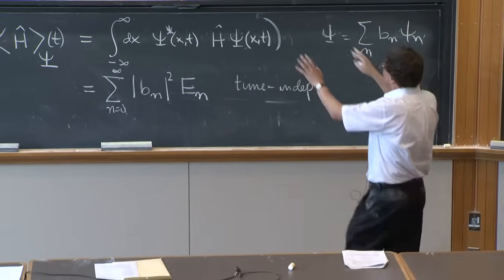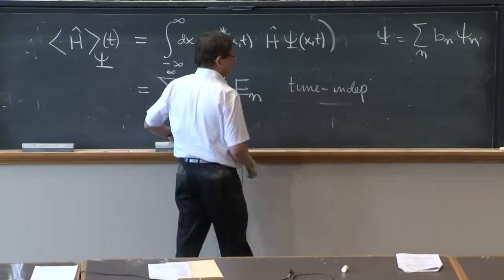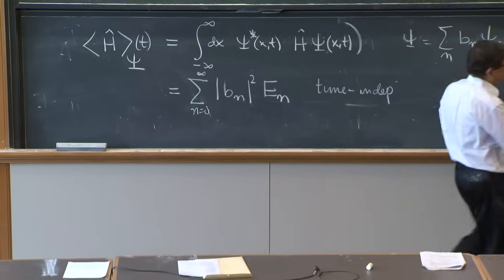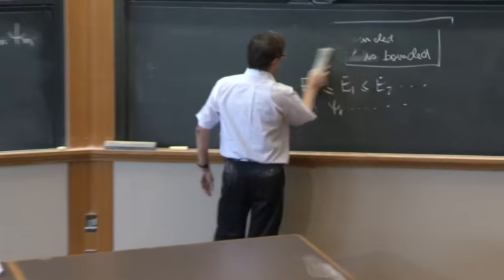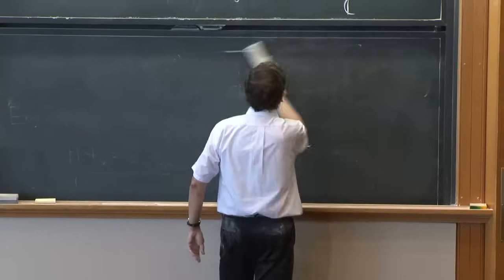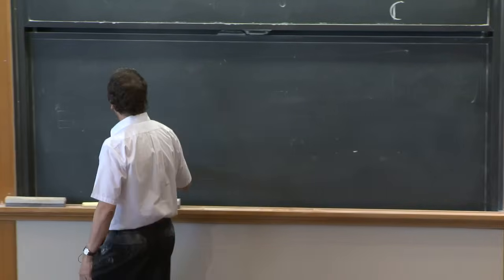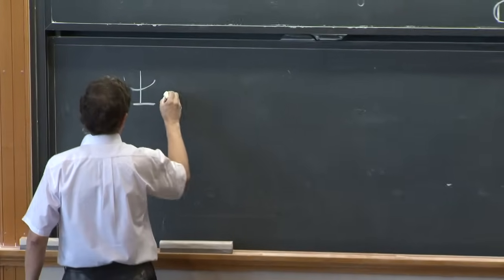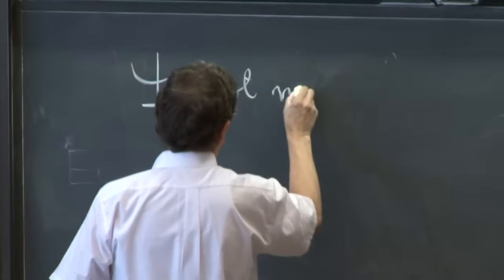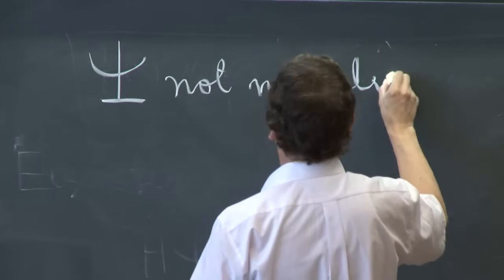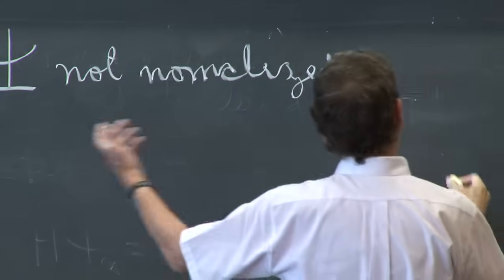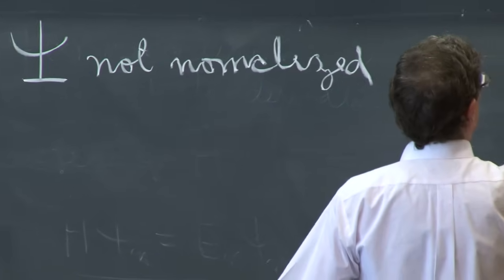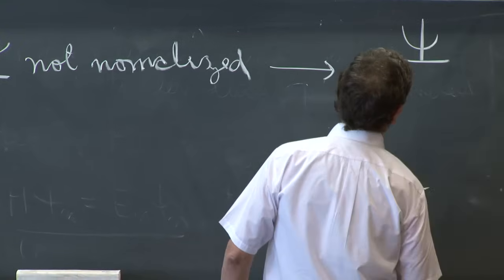My last remark is technical about normalizations, and it's something you may find useful if you have a wave function psi, which is not normalized. You may say, okay, let's normalize it. So what is the normalized wave function?